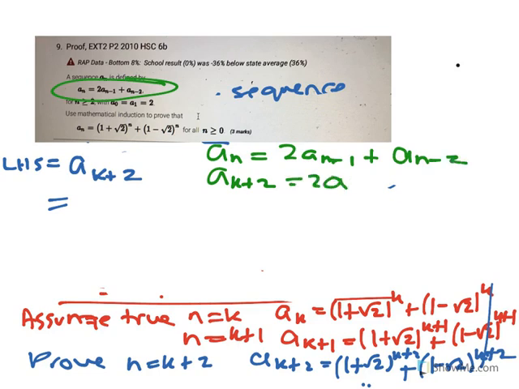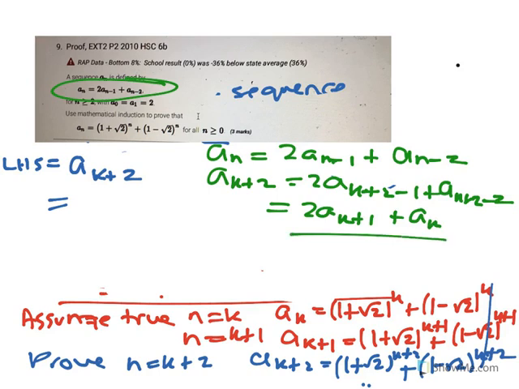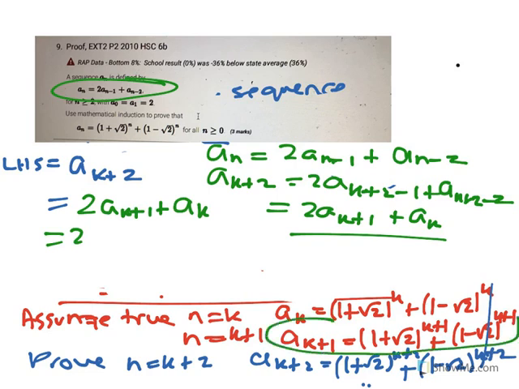So it's 2a_(k+2-1) plus a_(k+2-2), which is 2a_(k+1) plus a_k. So a_(k+1) is this here.